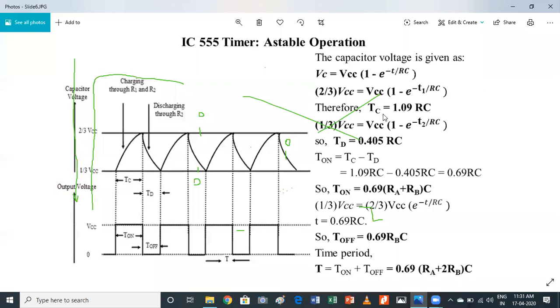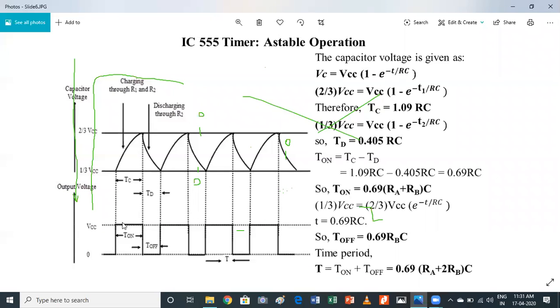TC, the charging time, is 1.09 RC, and then we can get the discharge time. That is from 0 to 1/3 VCC, that is the discharge time, we can get 0.405 RC.